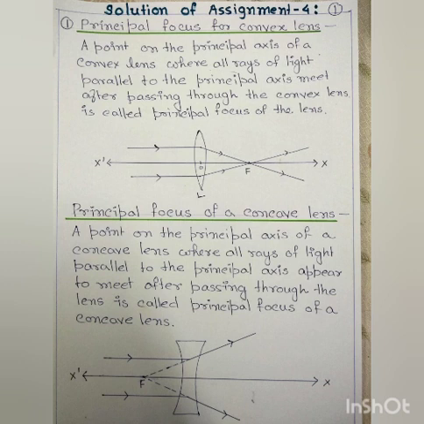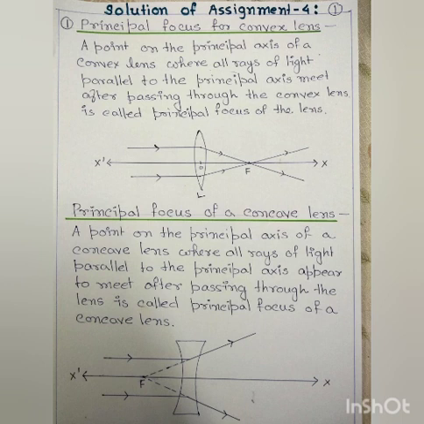Clear? Next we will discuss the principal focus of a concave lens. A point on the principal axis of a concave lens where all rays of light parallel to the principal axis appear to meet after passing through the lens is called the principal focus of a concave lens.